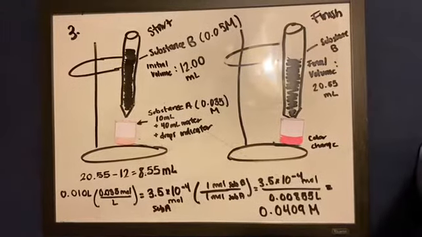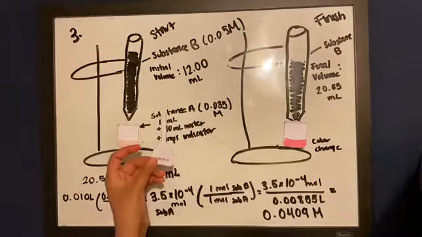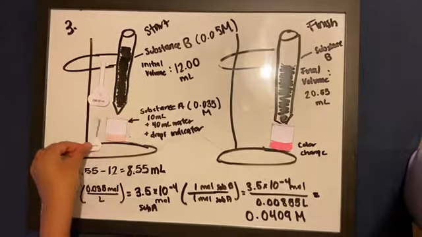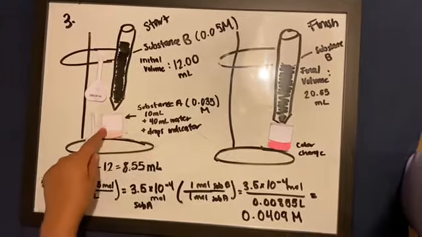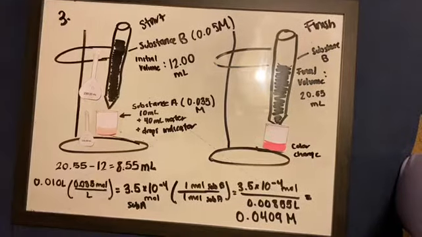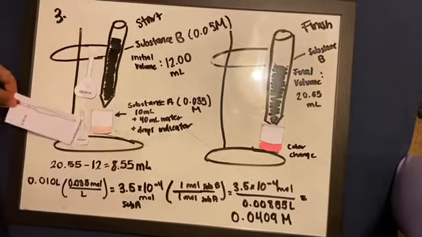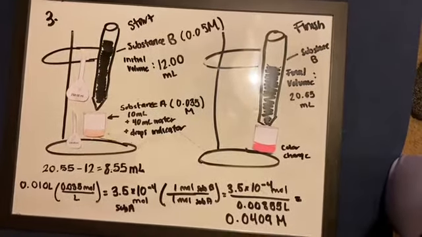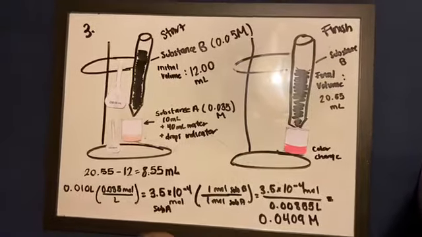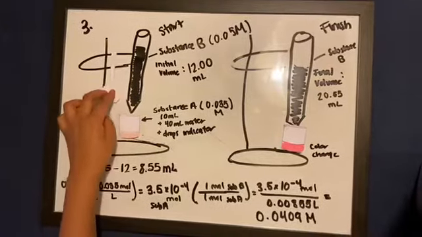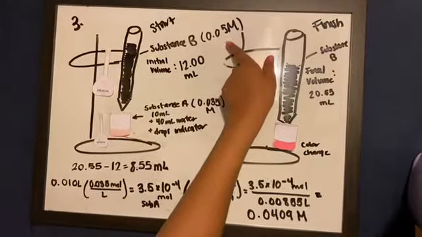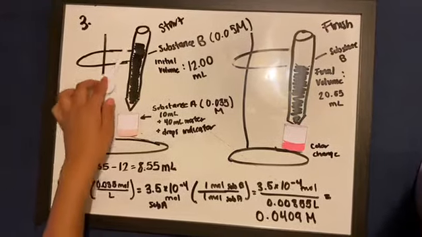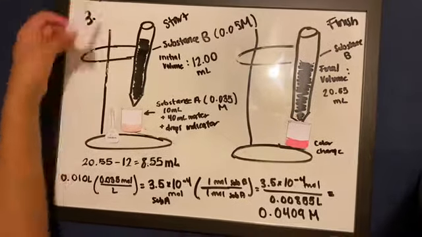For question 3, we are asked to titrate substance B into substance A and figure out the concentration of substance B. So to do this, we need to transfer substance B into the titration and substance A into the beaker. So we transfer 10 milliliters into the beaker using a pipette. And then the same, we transferred the 250 milliliter solution of 0.5 molar of what we believe it is into the titration.